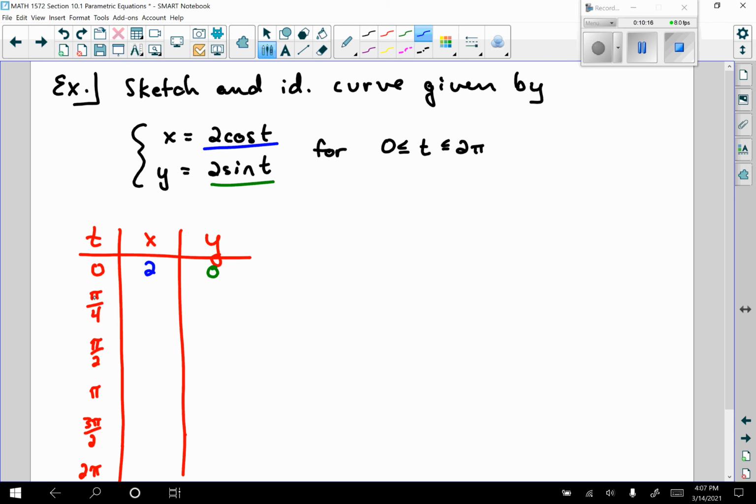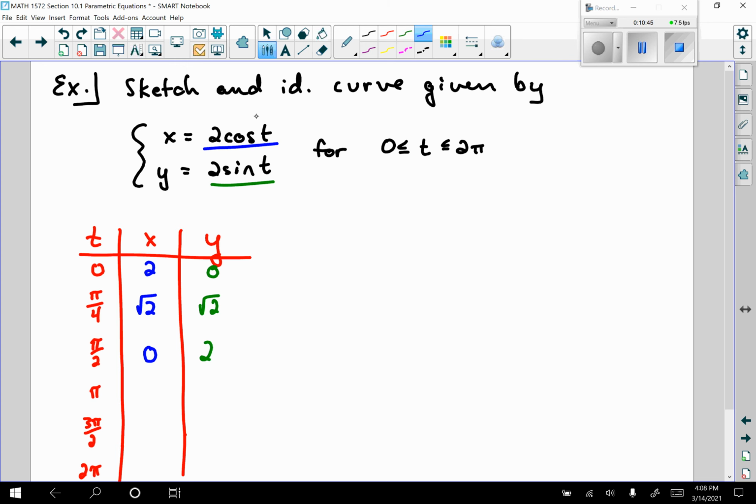Cosine of pi over 4 is radical 2 over 2 times 2 is just going to give us radical 2. Same thing here, sine of pi over 4 is radical 2 over 2, so times 2 is radical 2. Cosine of pi over 2 is 0. Sine of pi over 2 is 1. 1 times 2 will give us 2.